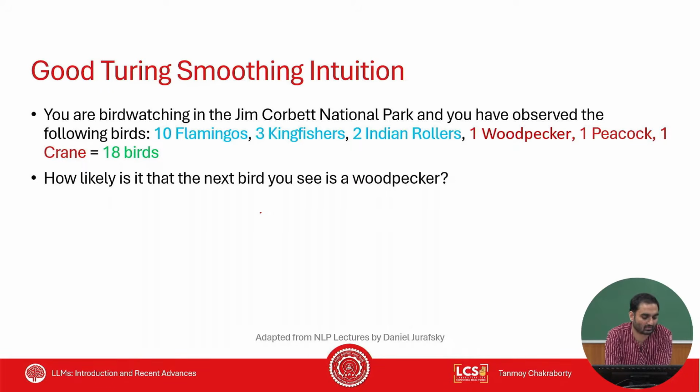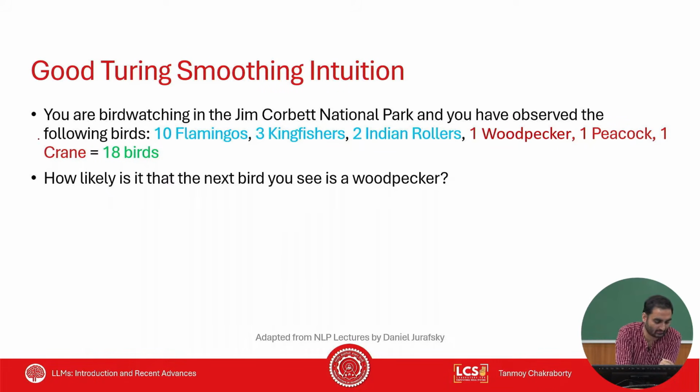Now, what is the intuition behind the Good-Turing smoothing technique? The intuition is that we look at the count of count 1 to estimate the count of 0. Let's see.